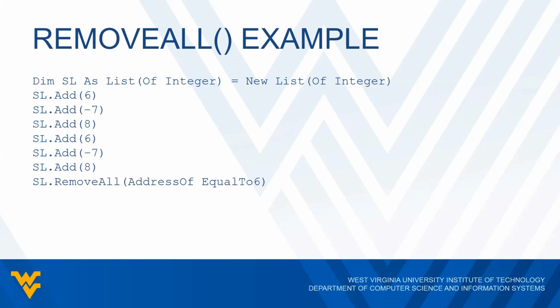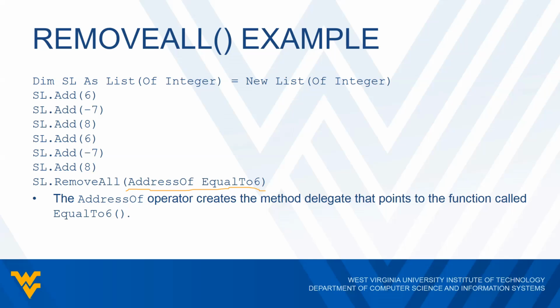And take a look at what we have inside the parentheses right here. We have AddressOf EqualTo6. So this means that we're going to create the function or method delegate that's going to point to the EqualTo6 function. And we're going to pass that as our argument for the RemoveAll method.